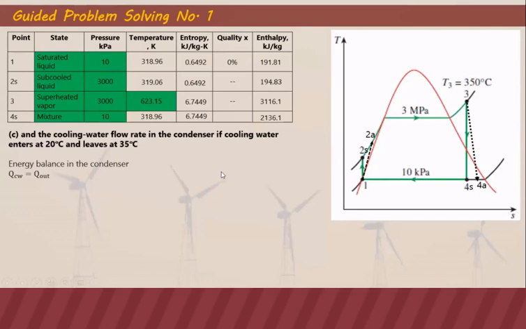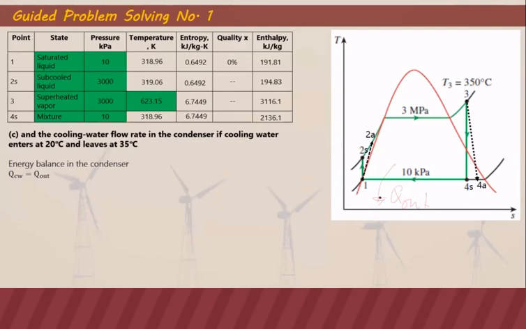Letter C. The cooling water flow rate in the condenser if the cooling water enters at 20 degrees Celsius and leaves at 35 degrees Celsius. By doing an energy balance in the condenser, so our condenser is here, we can see that there is a heat rejection at the condenser. So this heat rejection happened because of the cooling water.